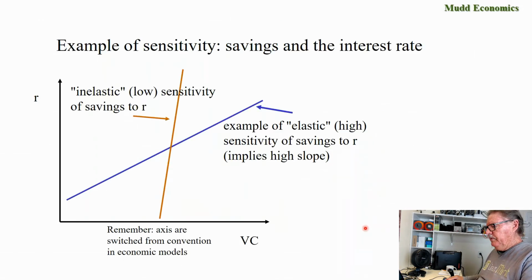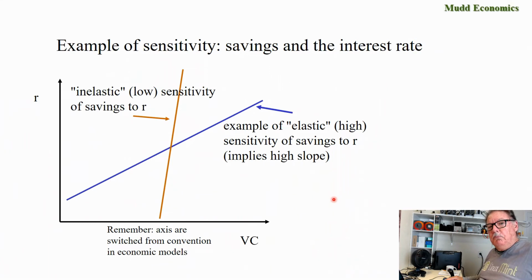Now, I'm not going to show this. If you want to play around with the model, then you can do that, because the results we get in this depend in every way upon the sensitivity of savings and the interest rate, and investment and the interest rate, and that is also referred to as the elasticity.